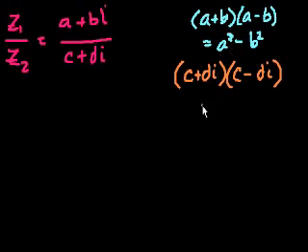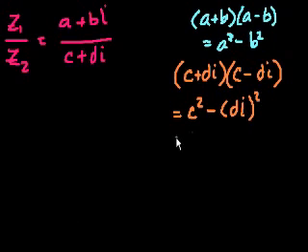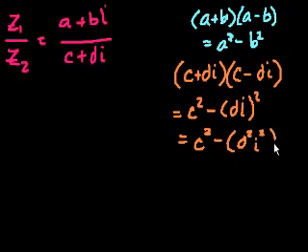So this is just going to be equal to c squared minus (di) squared. And that equals c squared minus d squared i squared. And i squared is -1, right? So this is multiplied by -1, so it cancels out this negative. So you get c squared plus d squared.